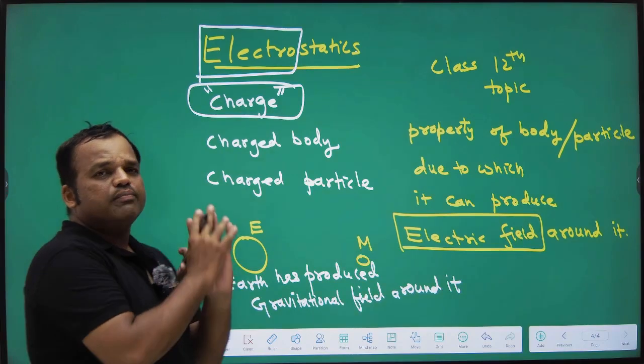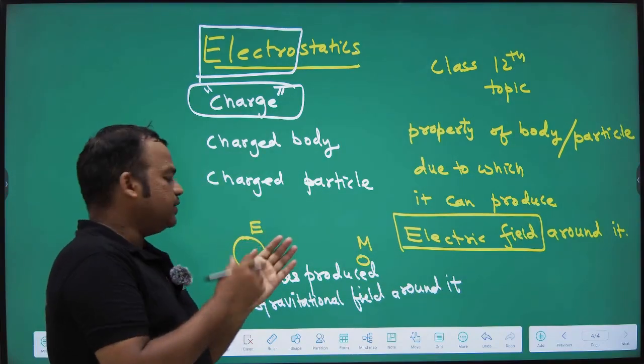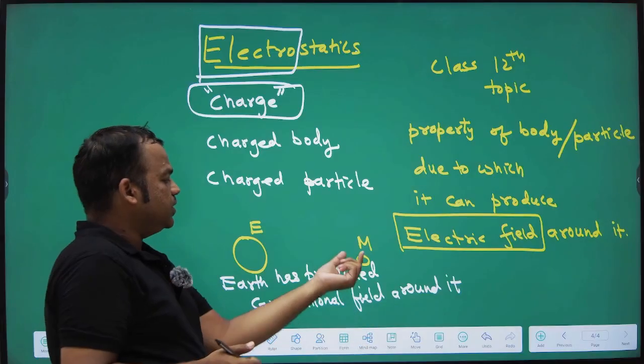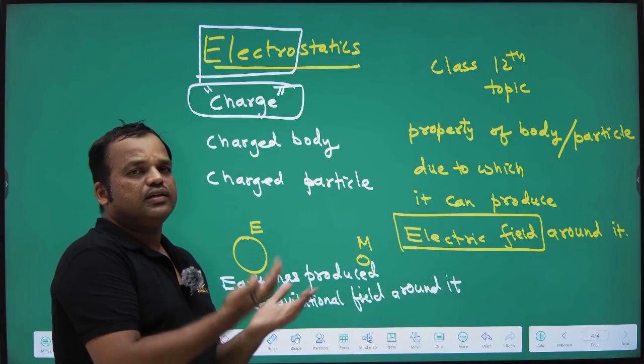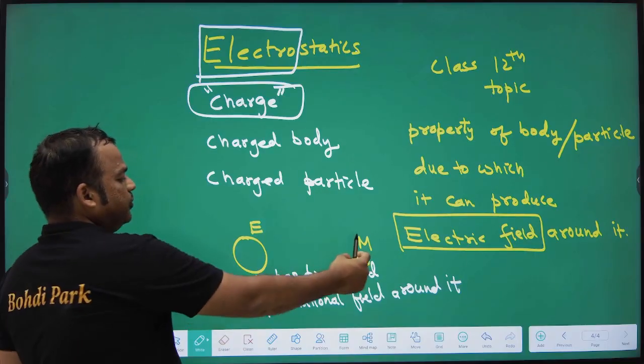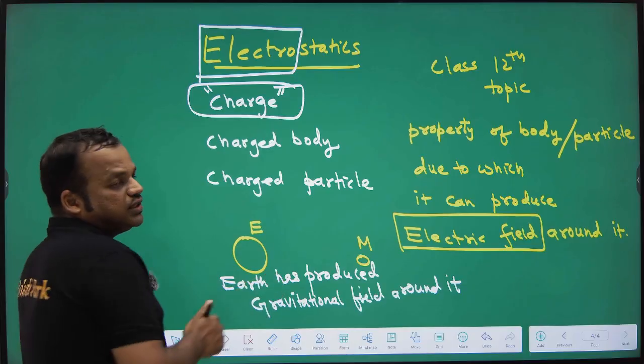So if any mass object is in that field, for example the moon is near Earth, we can say the moon is inside the gravitational field of Earth.